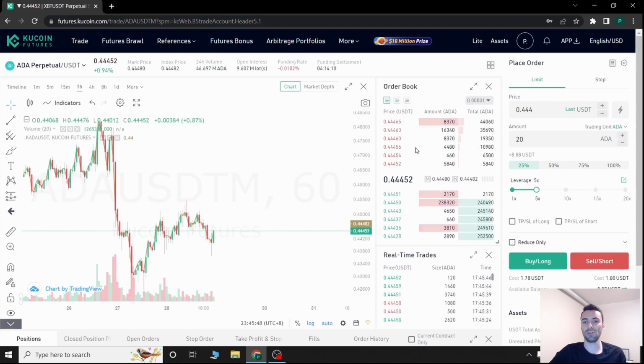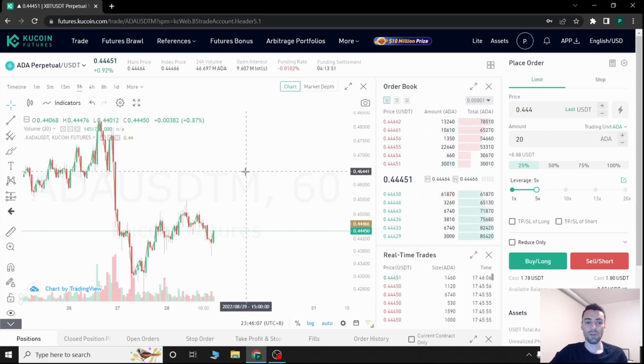We have the chart, the order book, and here the place for making your orders. The registration in KuCoin is really easy and the same as Binance. You just need to sign up with an email and a password, and that's it.